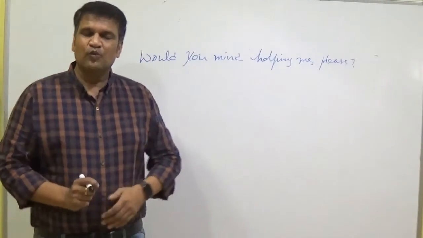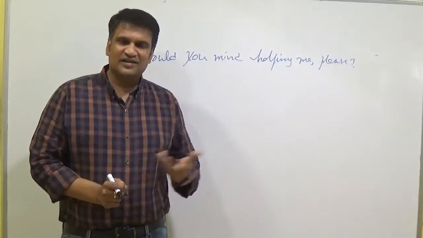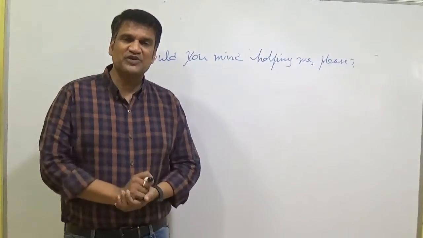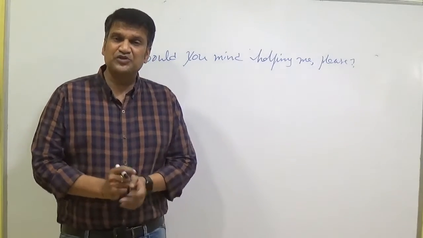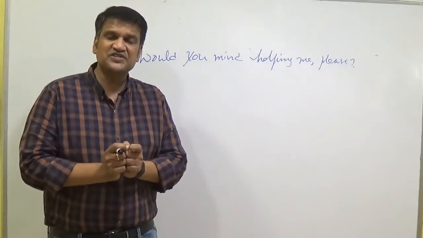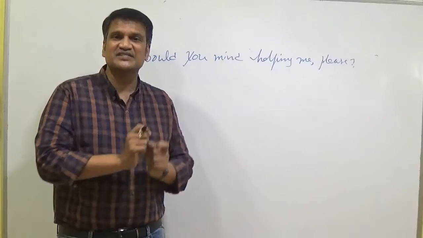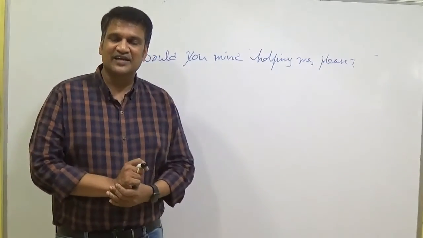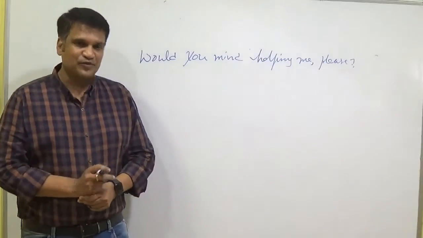That means we cannot ask the person, can you please help me, or could you please. The request should not affect that sensitive situation and should not hurt his feelings. Then we say, would you mind, for example.